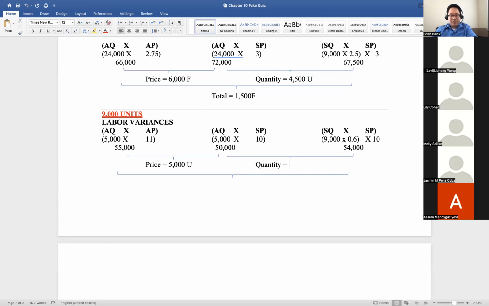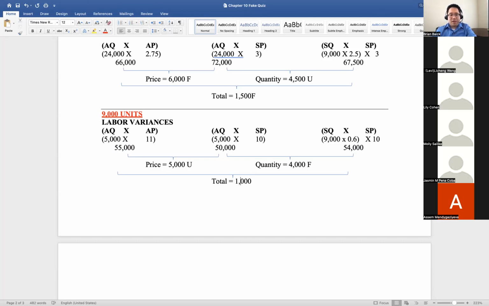You take your pick. This is a negative number. Don't ever put a negative sign. Always put the number. 5,000 minus 54,000 is 4,000. Negative means less. Less cost is favorable. I like less cost. Total variance is 55,000 minus 54,000. It's a positive number, so it's 1,000.